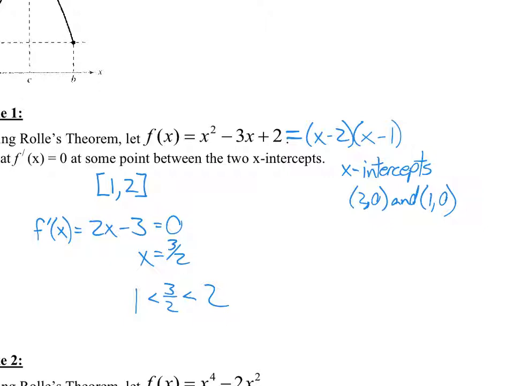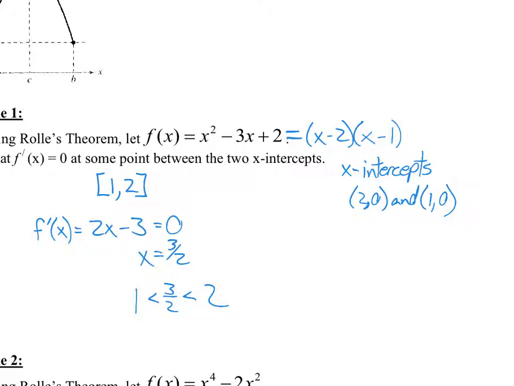If you remember, critical numbers are one of two things: they're either where the derivative equals 0 or where the derivative is undefined. So you have a critical number here at 3 halves. That's where the derivative is 0, and it happens in the interval we said it was.